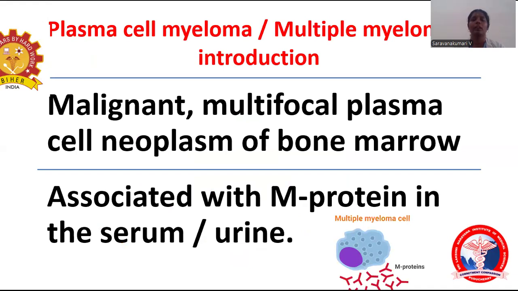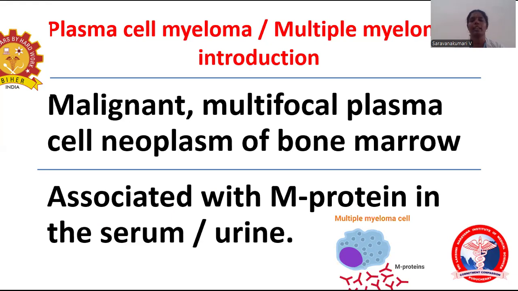Multiple myeloma is a malignant multifocal plasma cell neoplasm of bone marrow. It is associated with M protein in the serum and urine.